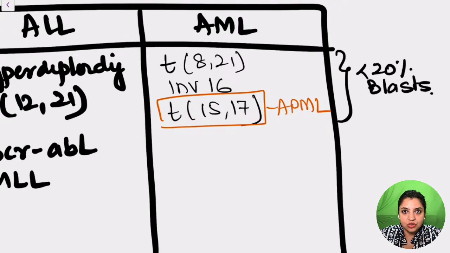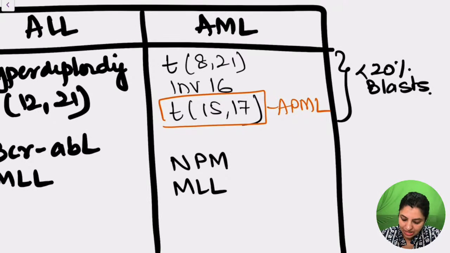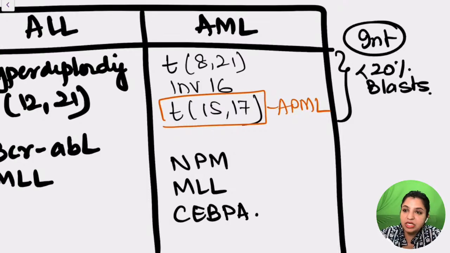Remember this always. Apart from that, we have other mutations also if you can remember: NPM, MLL, and CEBPA. These are the mutations which can be associated with AML. Coming to the prognosis, these three mutations are intermediate to good prognosis because they can be treatable.